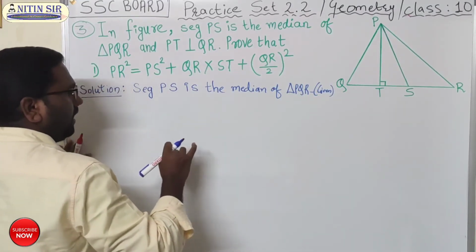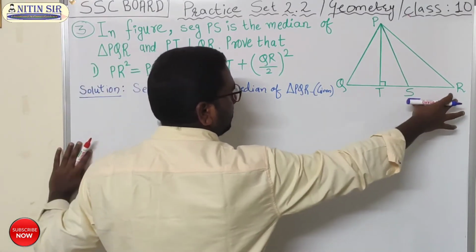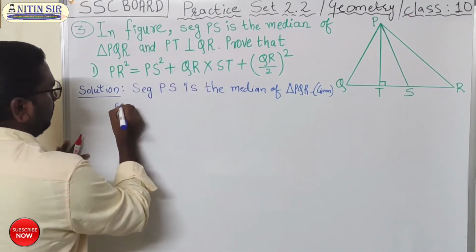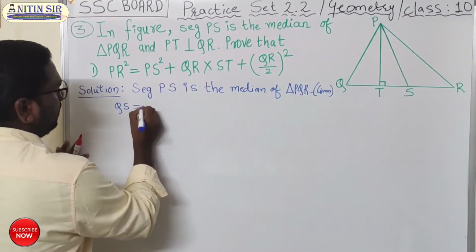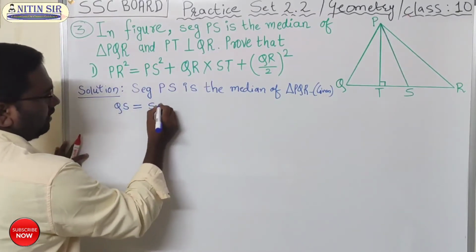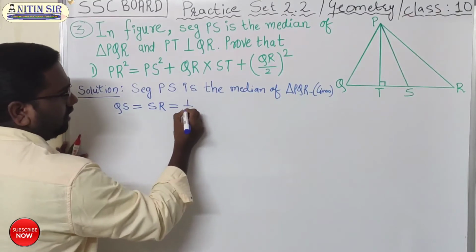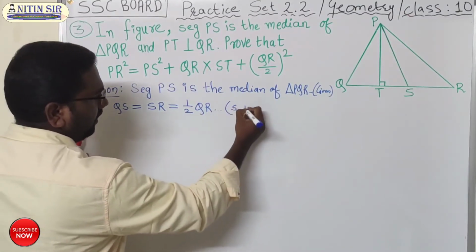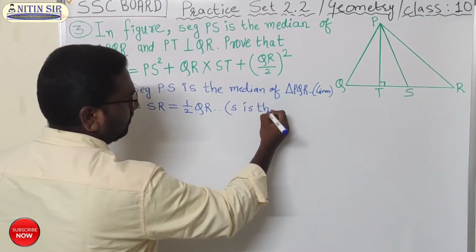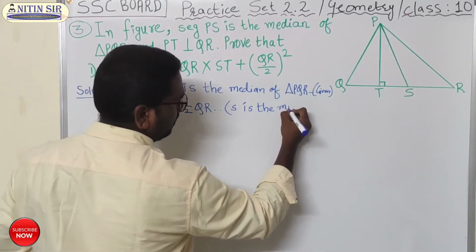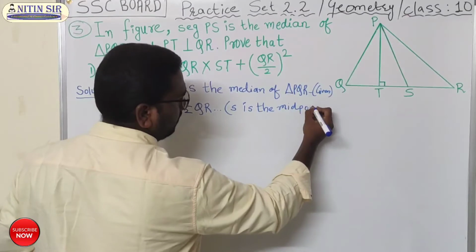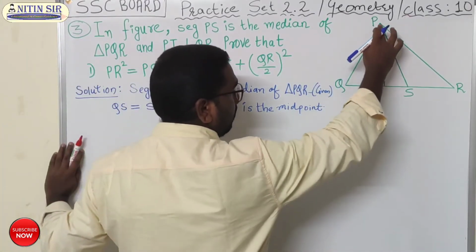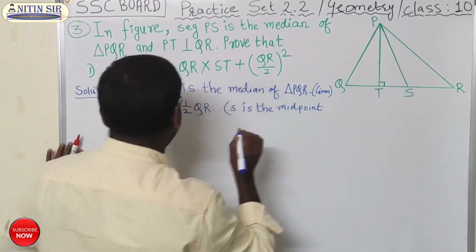Now we will write QS is equal to SR is equal to half QR. Why? Because S is the midpoint. Okay. Now we'll first go into the triangle PTS.